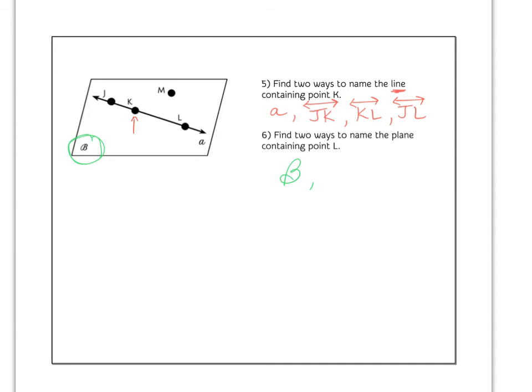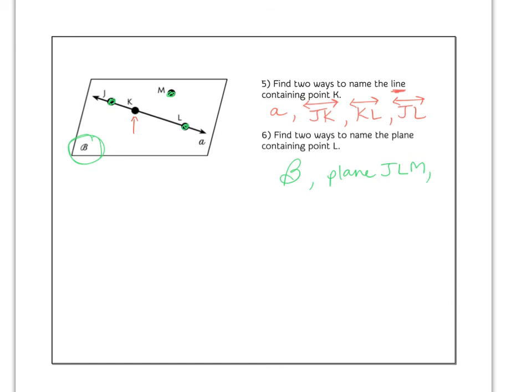So for instance, one way I could name this plane is I have to pick 3 points that aren't in a straight line. So I could go like JLM, plane JLM, because J, L, and M are not all in a straight line. I do not want to choose JKL because they are in a straight line, and other planes could go through that.